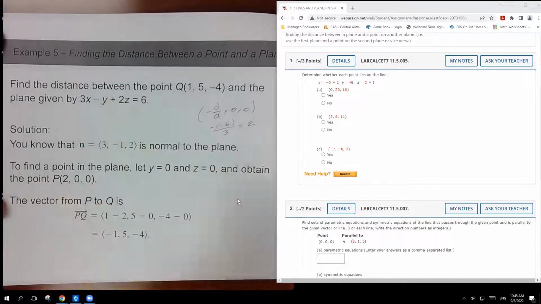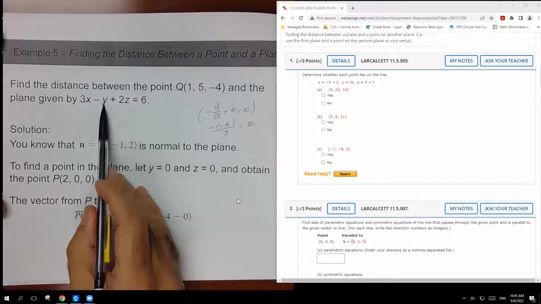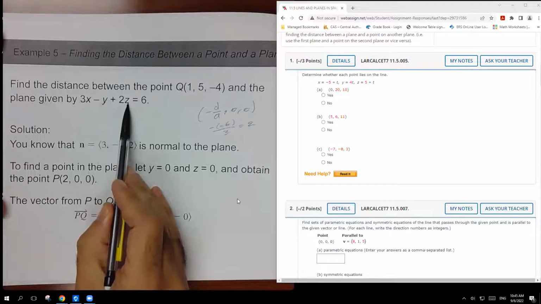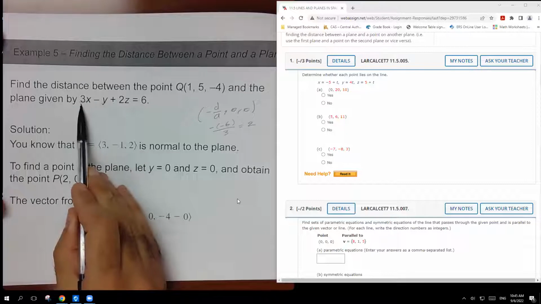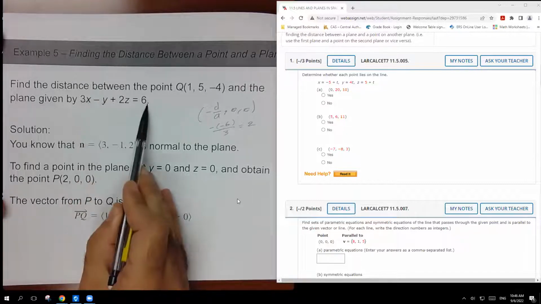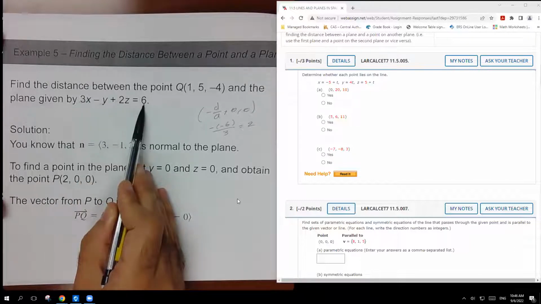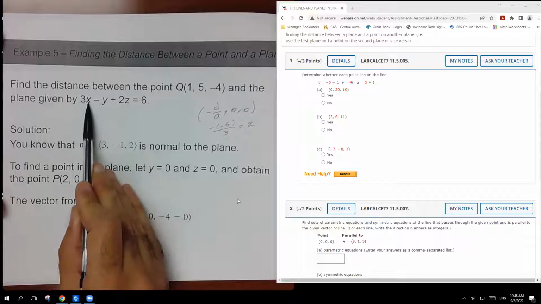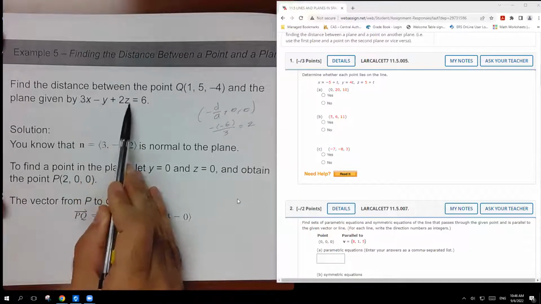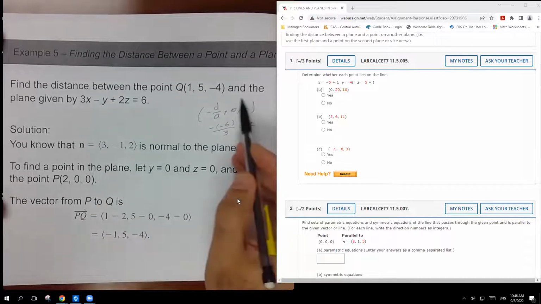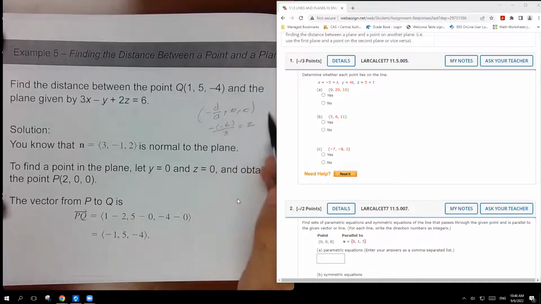If I plug in 0 here and 0 here, that means this side is going to be 0. The left here is a 3. 3 times which number is going to be 6? 3 times 2 is 6. So x is equal to 2. That means I can choose x 2, y 0, and z 0. But you can also use this formula.